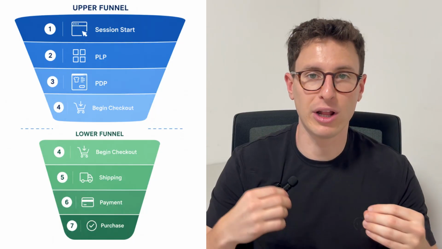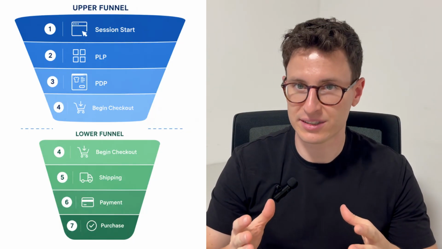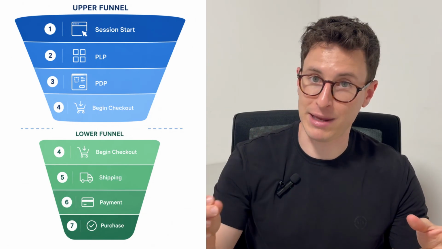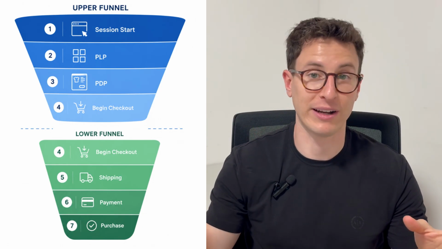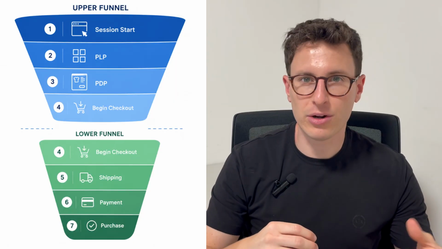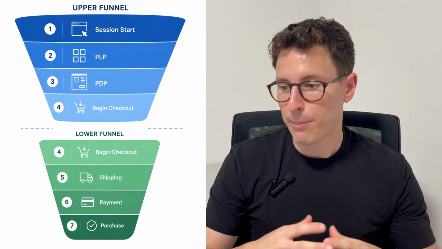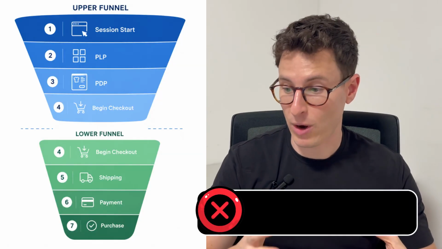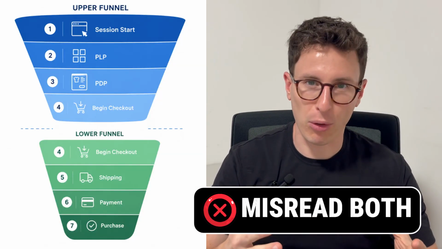On the other hand, we have the lower funnel, which usually consists of the following steps: begin checkout, add shipping method, add payment method, and purchase, the final step. So they look similar, they are both called funnels, but they behave in completely different ways. And if you analyze them in the same way, well, you're going to misread both of them.